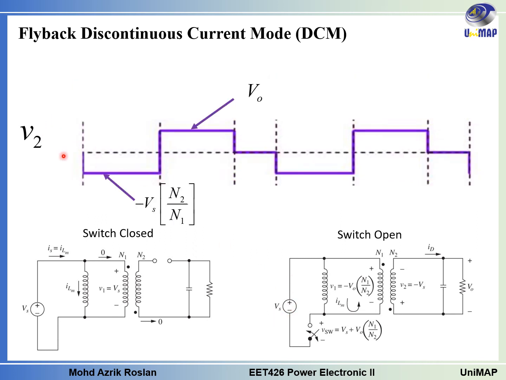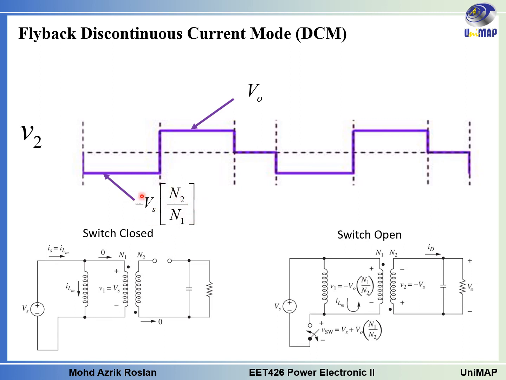This is the waveform for the secondary winding during the DCM mode. When the switch is closed, the voltage here will be the same as negative Vs multiplied by N2 over N1. During this time, the V1 will experience Vs, but for the V2, you have to multiply using the transformer equation that relates N1 and N2.